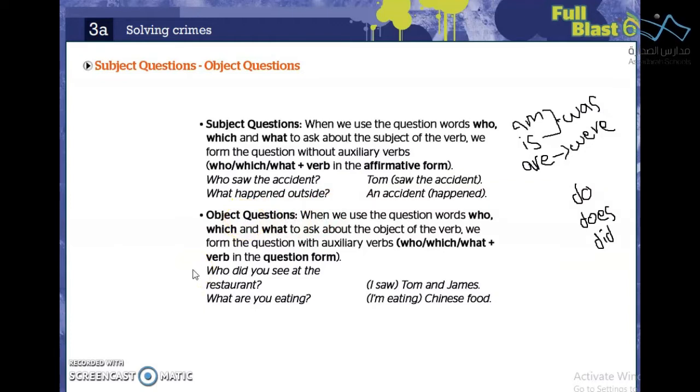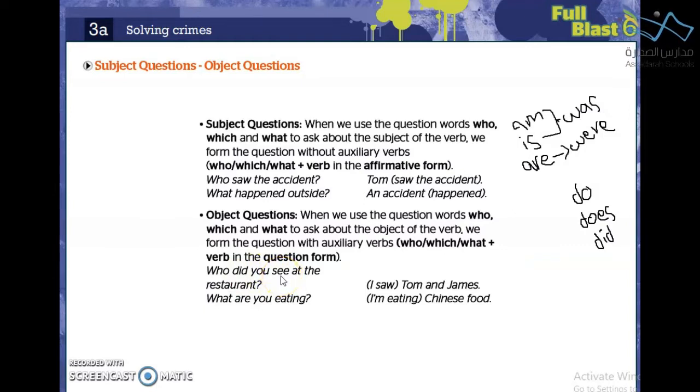Look, we have two questions here. Both of them started with question words, who and what. The first one, who did. So who is followed here by the auxiliary verb did, then the subject, then the main verb of the question, which is see.